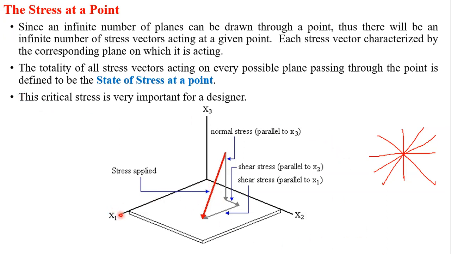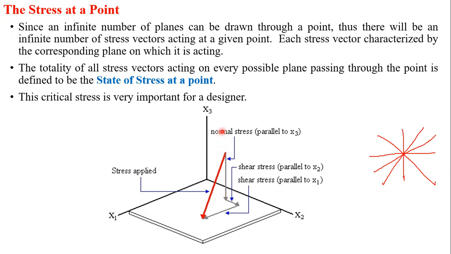For example, on this plane, let us follow the cursor. This red color stress is applied. This stress can be resolved into a stress acting parallel to the x1 axis, similarly parallel to the x2 axis, and parallel to the x3 axis.